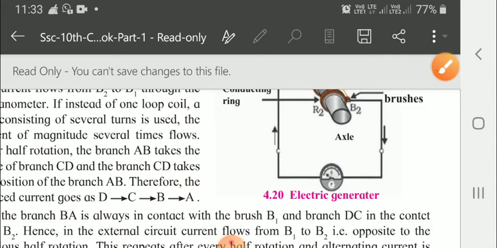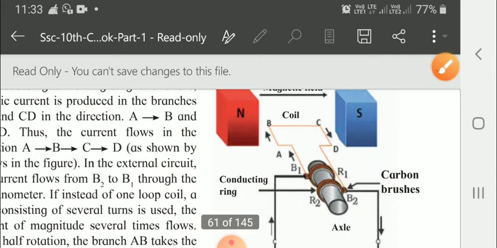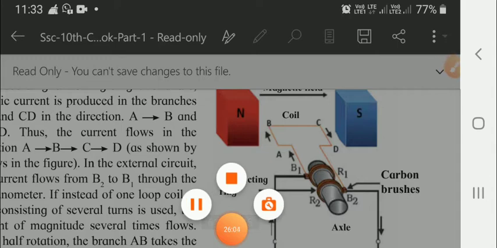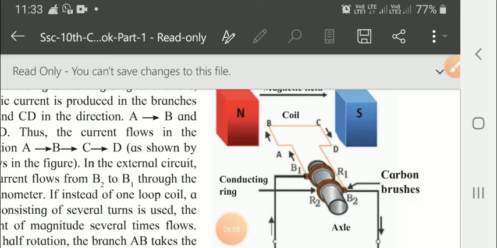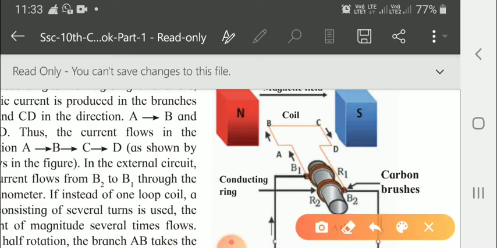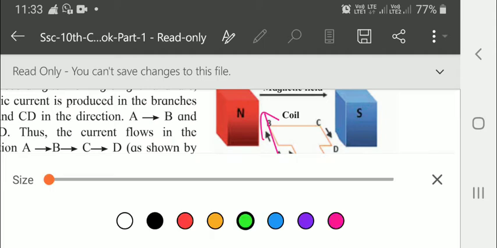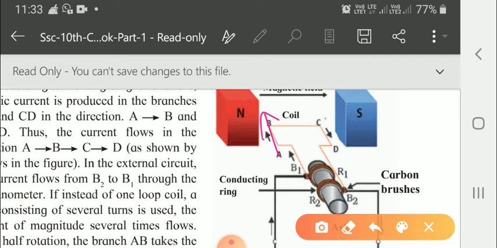Children, this is the AB branch and this is the CD branch. So how is the current flowing? It is flowing as ABCD, this way.